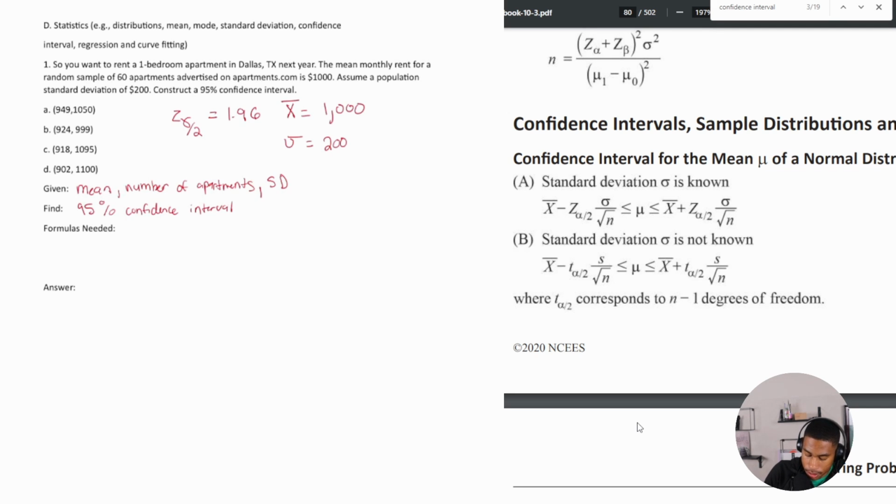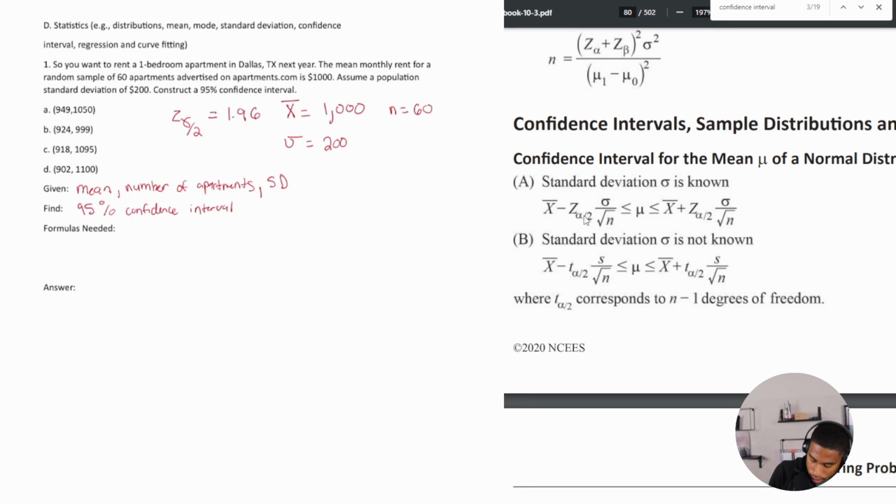And then for variables, we have our Z alpha divided by 2, that's 1.96. And our N is equal to 60. All right. So now we can find the lower bound of this amount of rent, or price of rent.